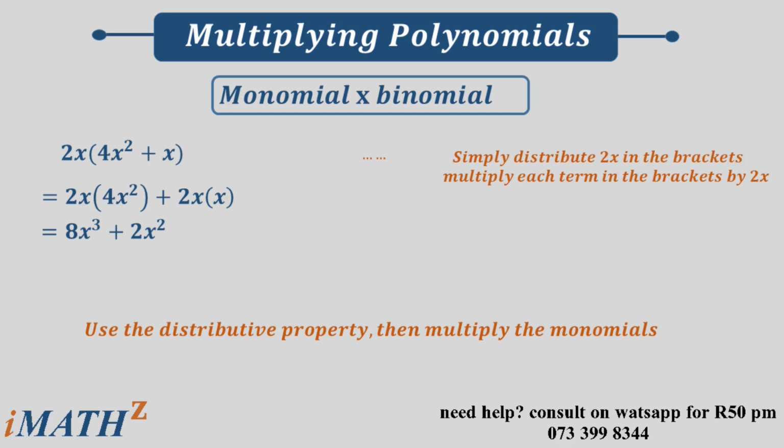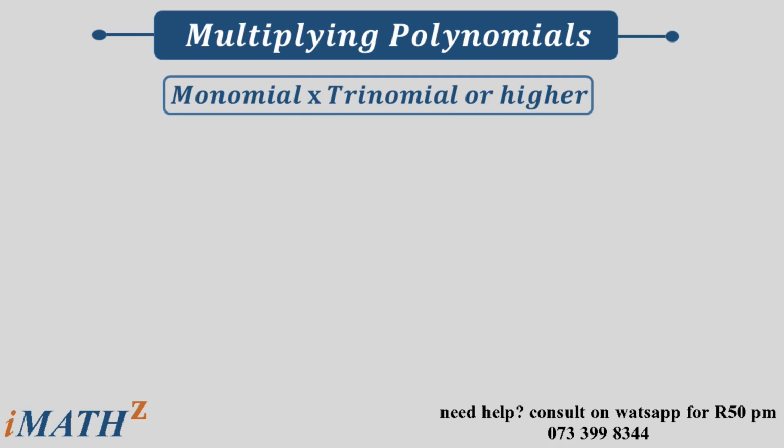So what about multiplying a monomial by a trinomial? Well, that's exactly the same as the previous case. So we just have to multiply all the terms in the brackets by the monomial in front of the bracket.